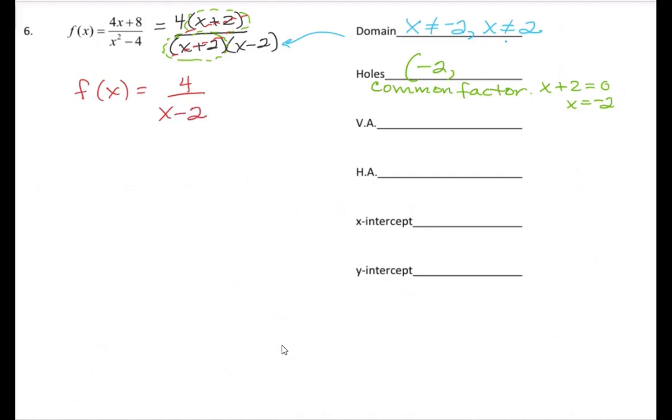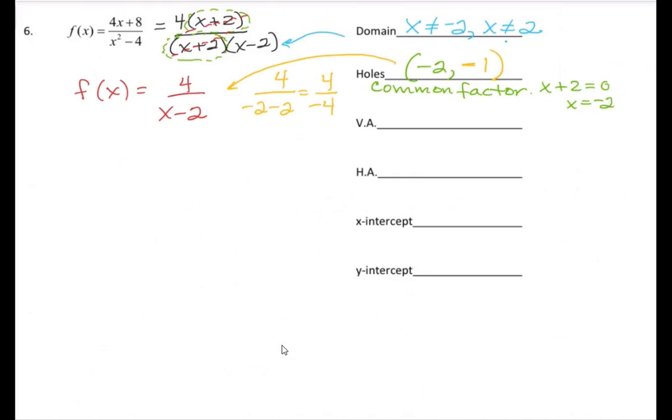And now I can identify what the y value of that hole is. So now I'm going to plug in that -2 into that simplified version to get the y value. So 4 over -2 minus 2 would be 4 over -4. So the y value for that hole is -1.